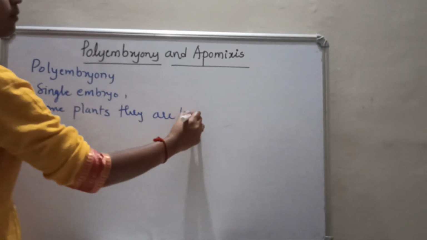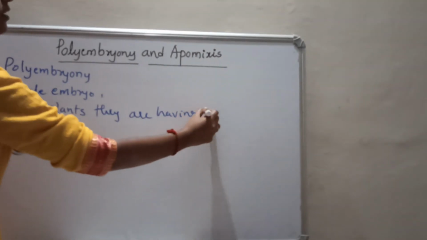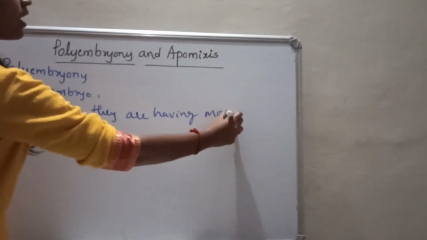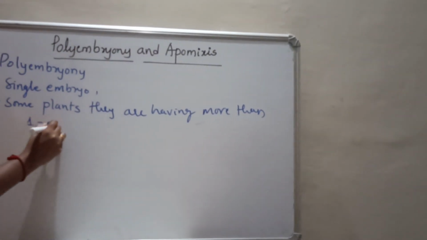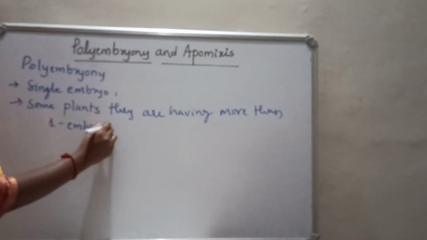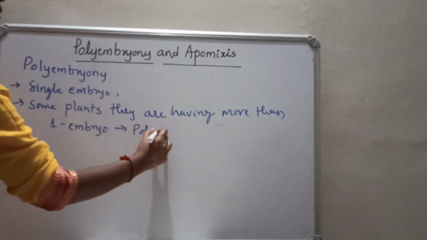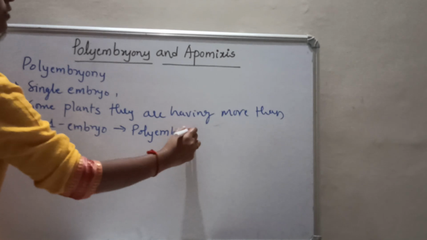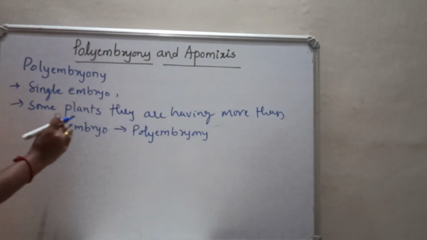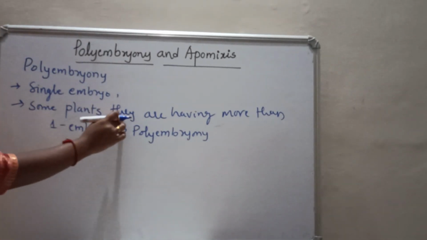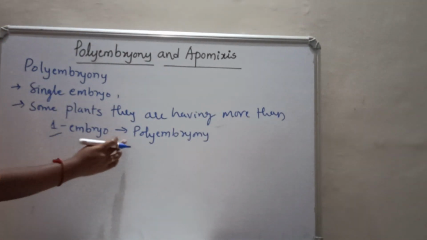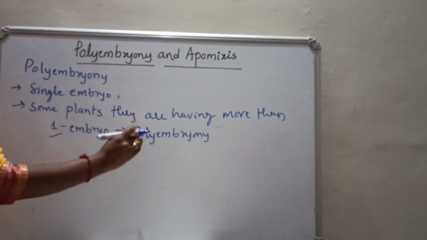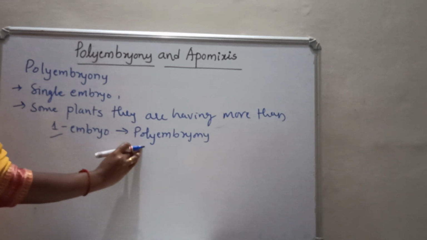Having more than one embryo is called polyembryony. Polyembryony means the seeds which have more than one embryo.